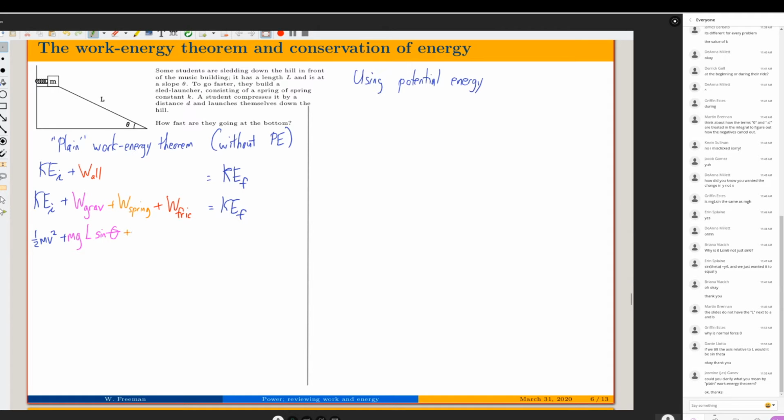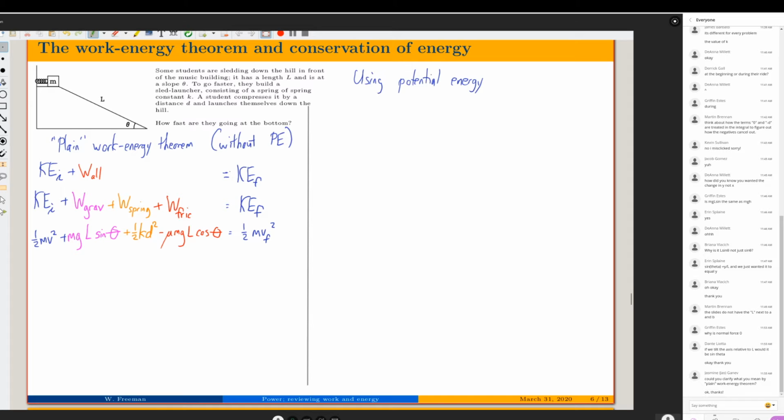The work done by the spring was 1/2 kd squared, and the work done by friction was minus mu mg L cosine theta, and that equals 1/2 m v final squared. I'll just move this over, keep my columns nice and neat for the people looking at these slides later.